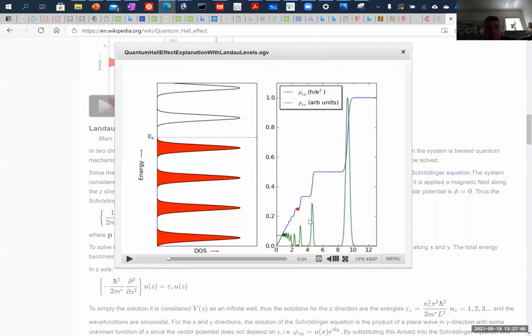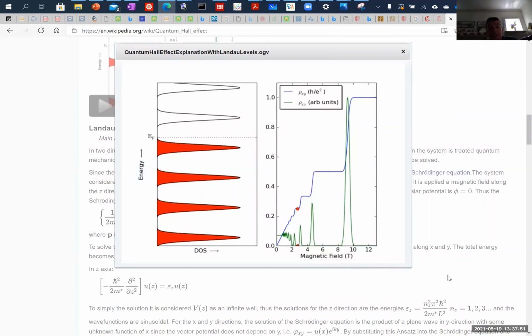Then, like Hermann mentioned, and then I'll stop with my introduction: you can do the experiments varying the magnetic field, or you fix the magnetic field and vary the electron density.